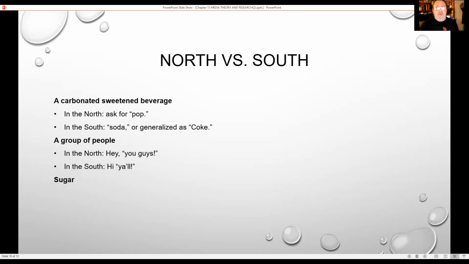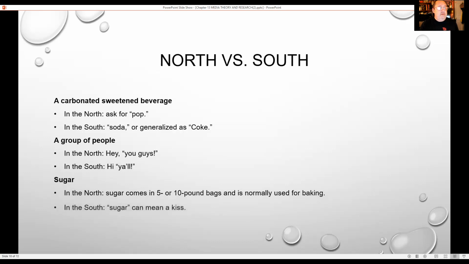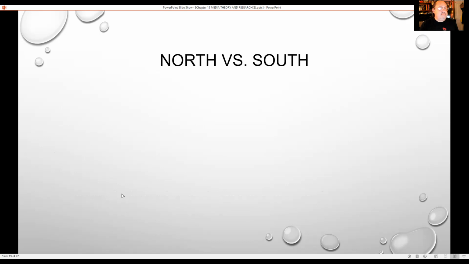Sugar. What is sugar? Well, to Northerners, it's the stuff that you sweeten things with. It is for Southerners too, but it's also a kiss. Give me some sugar. People in the Bronx don't say, give me some sugar a lot. Of course, Def Leppard said, pour some sugar on me, but that meant something else.